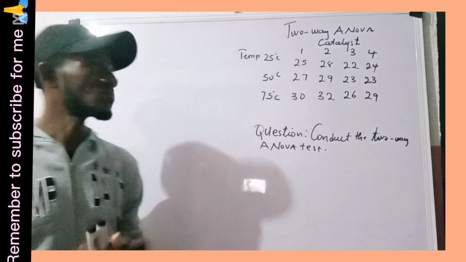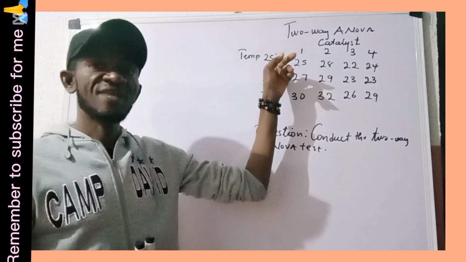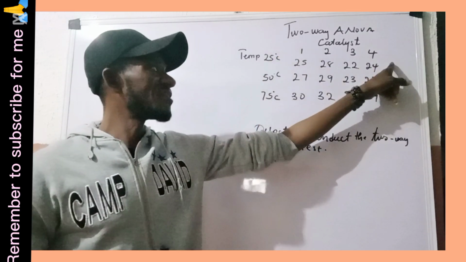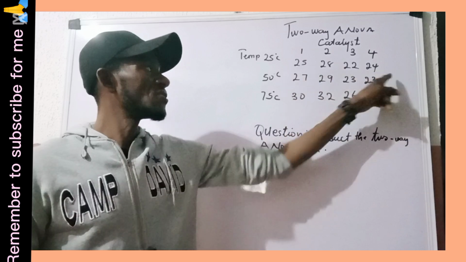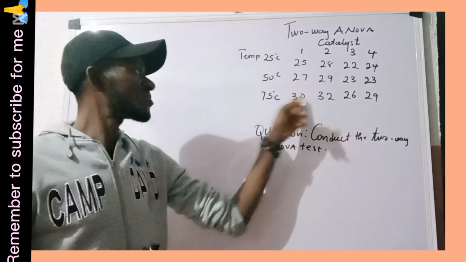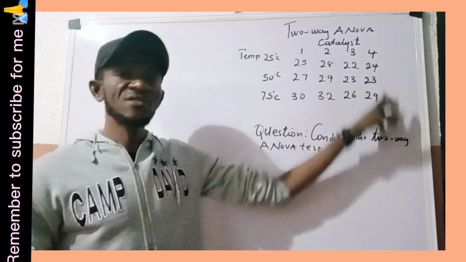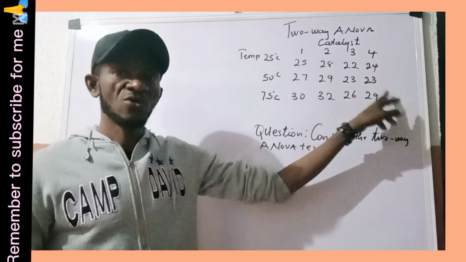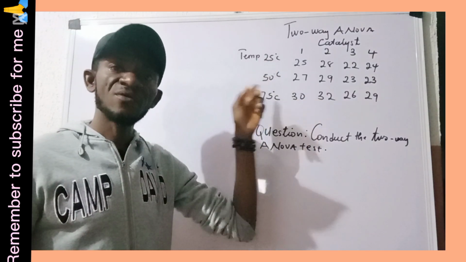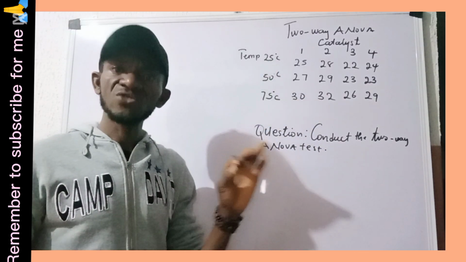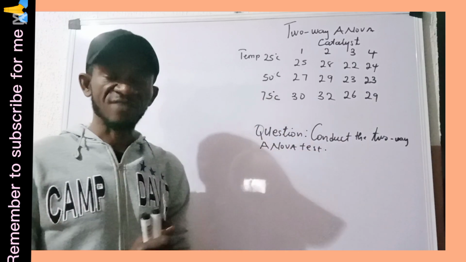By implication, we are going to compute the mean for the first level, 25 degrees Celsius, compute the one for 50 degrees Celsius, and compute the mean for 75 degrees, and be able to see if any of these three values computed for the three levels of the factor, temperature, is statistically different from the rest.